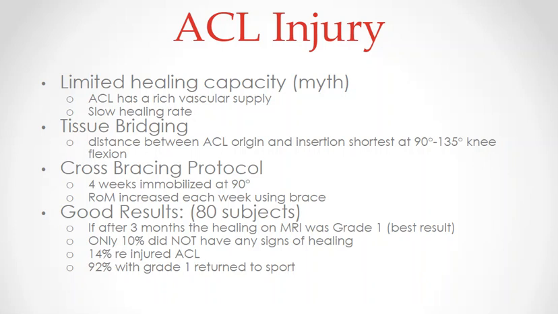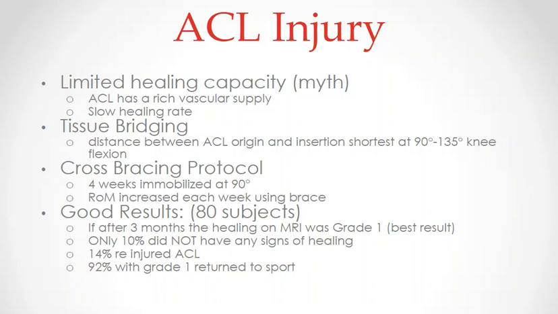If there's tissue bridging, meaning if the ACL ruptured, but it's still kind of close to each other and somewhat touching, that's a good thing for healing. And they found that the distance between the ACL origin and insertion is shortest at 90 to 135 degrees of knee flexion.